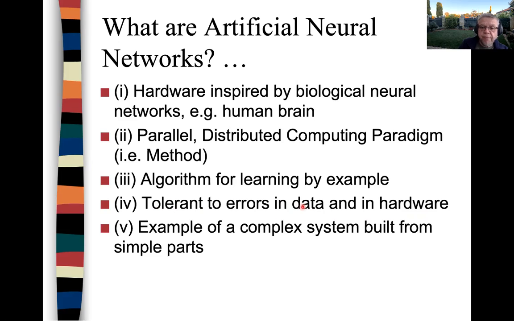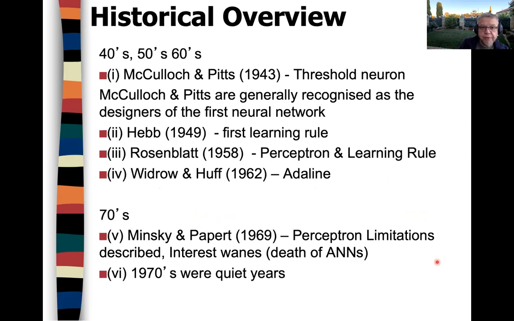So even if you have, for example, as we've seen in the case of auto-associative memories, an incomplete input, your system is tolerant to these errors. You can also say that artificial neural networks are an example of a complex system built from simple parts. These parts are simply neurons.